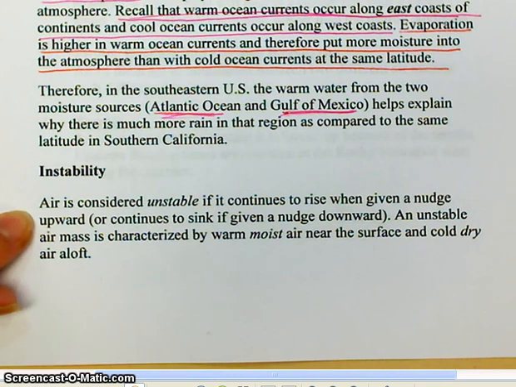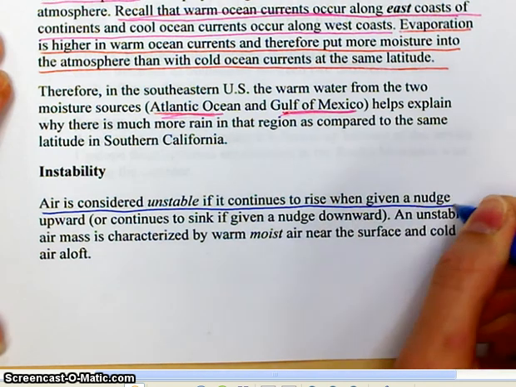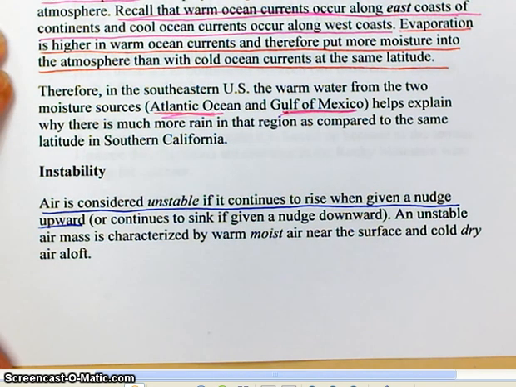It's sort of like, think of inertia of an air mass. Once you get it going, it's going to keep going and doing rising or sinking, whatever it started doing. Okay, so air is considered unstable if a little nudge gets it going up or down.